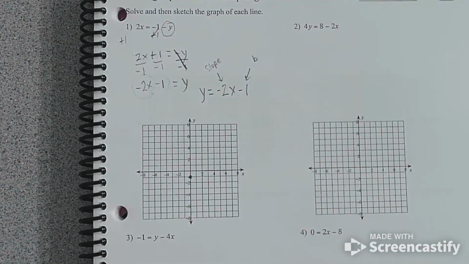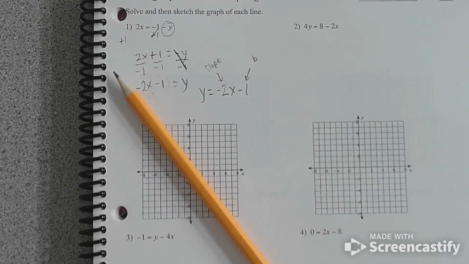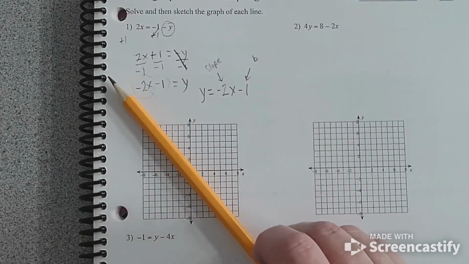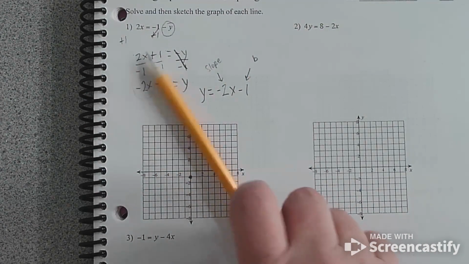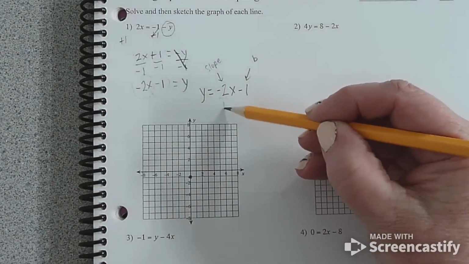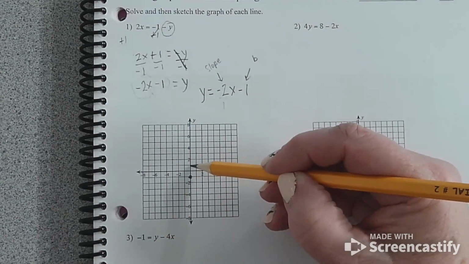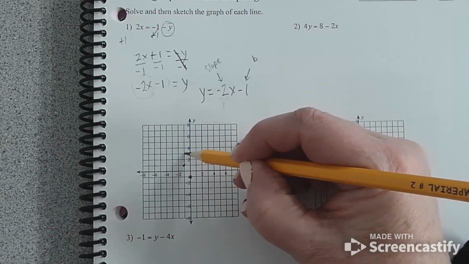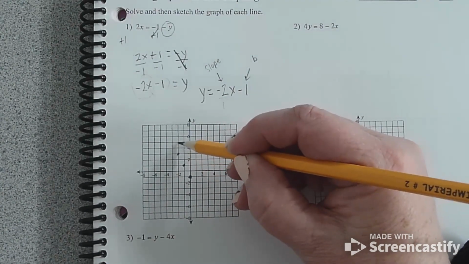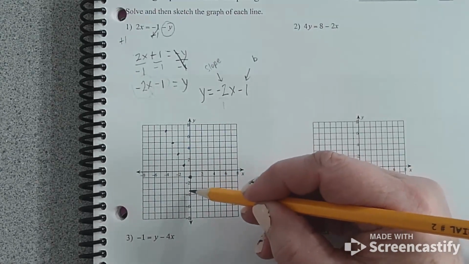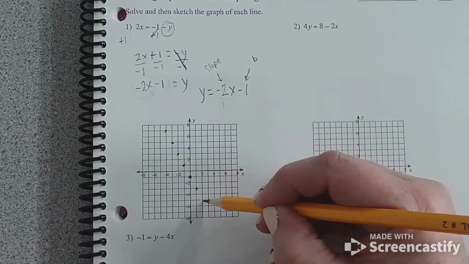Now we know that it's a negative slope. So this is what it will look like. It's going to be negative. So that means we're going to go up and to the left and down and to the right. So we're going to go up 2, and then remember we can have our slope as 2 over 1, so up 2 over 1, up 2 over 1, and down 2 over 1, down 2 over 1.